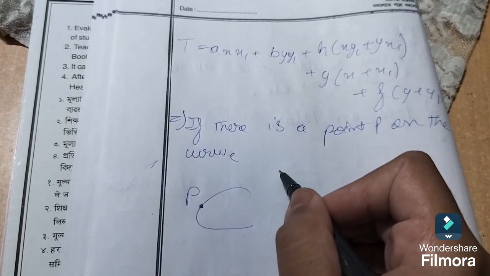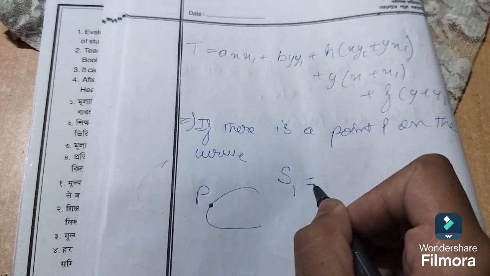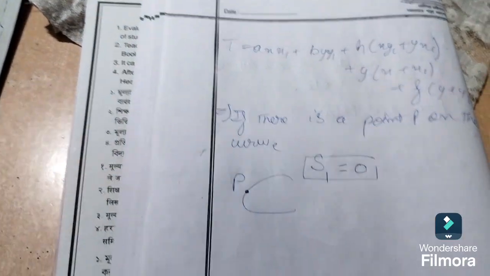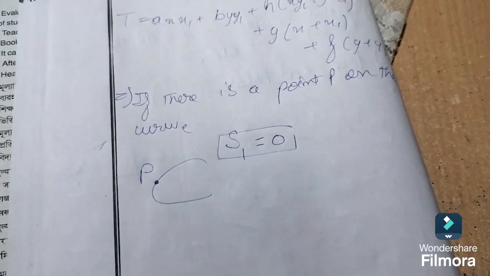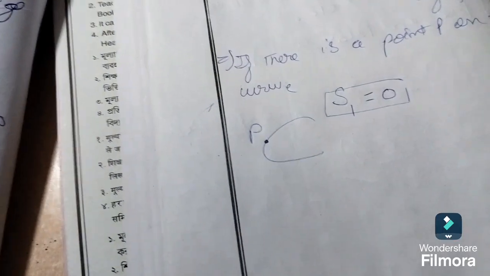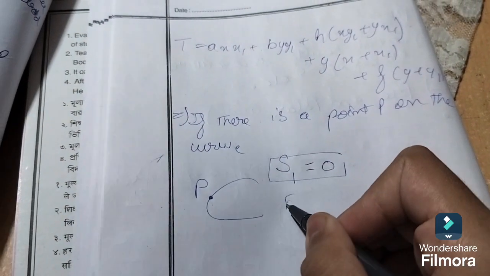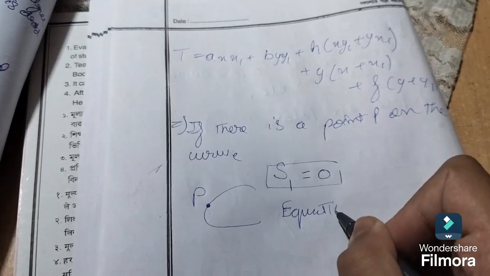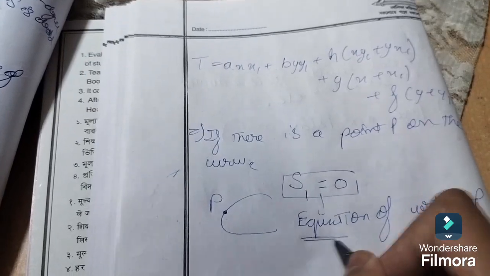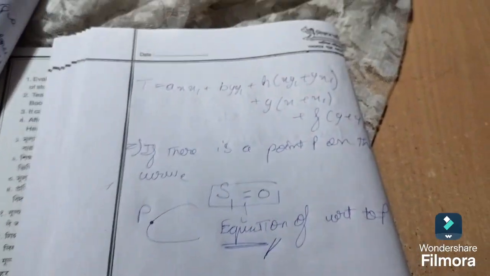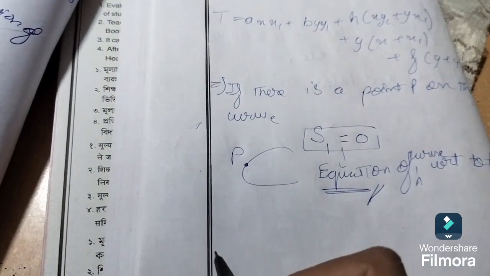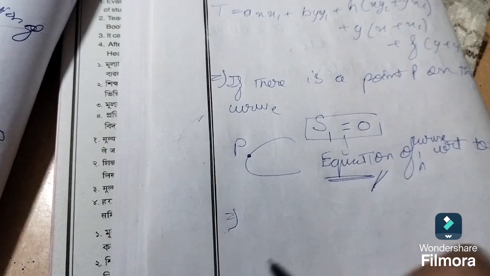If it is on the curve, then S1 is equal to 0 is the equation for what? Equation of the curve with respect to P. I am using the word equation, not expression.